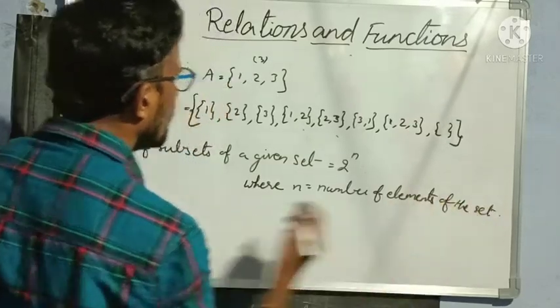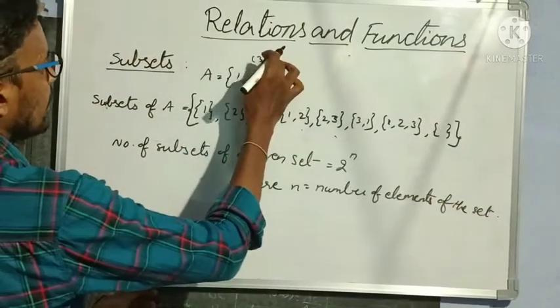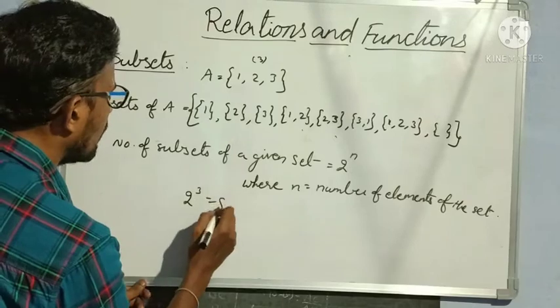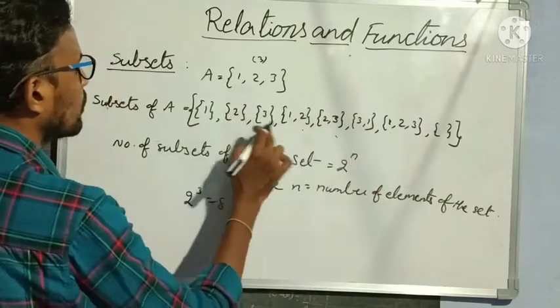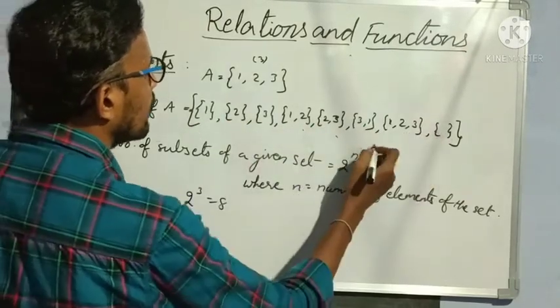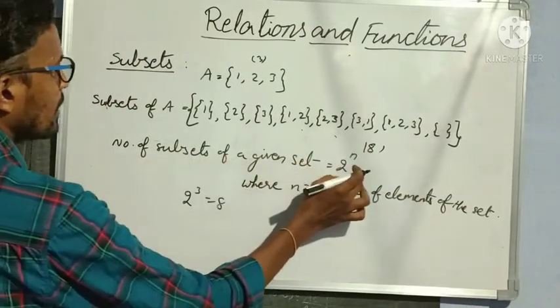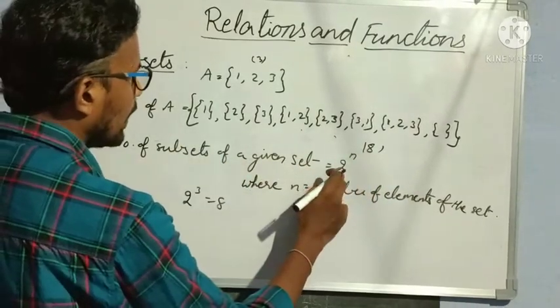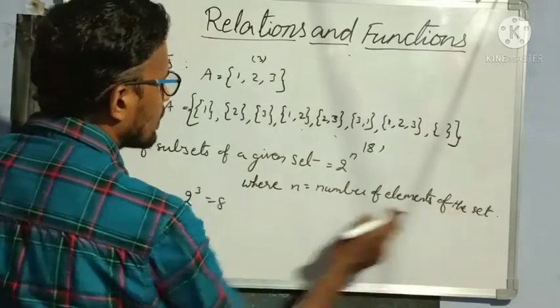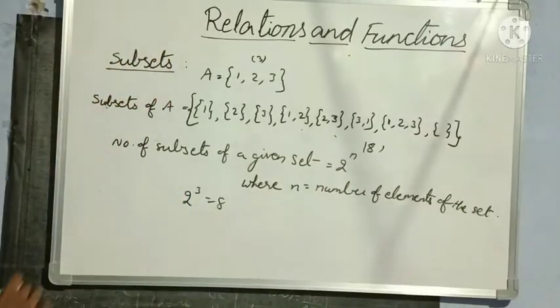Okay? So now here our n is 3. So 2 power 3 is equal to 8. Same 8 only we are getting now: 1, 2, 3, 4, 5, 6, 7, 8. Understood now? So what is the formula? 2 power n, where n is the number of elements of the set. Up to here everybody understood?